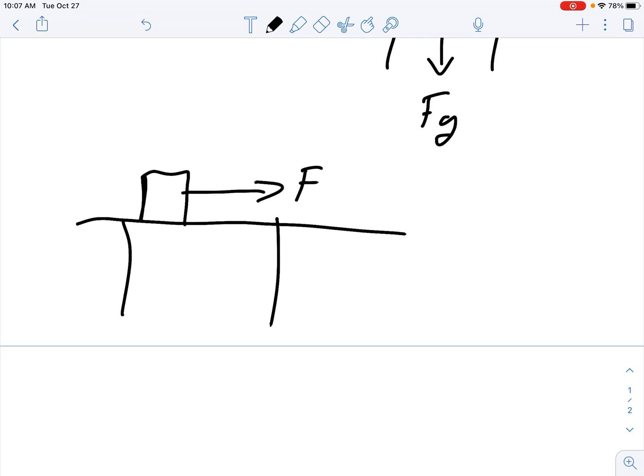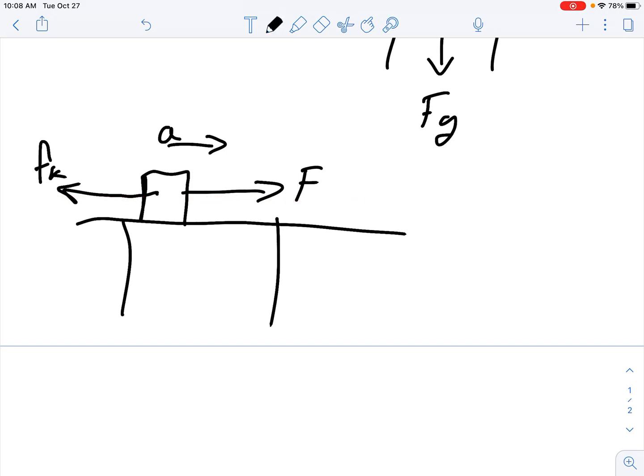There's going to be friction associated with that, in opposition to the motion. This thing is clearly moving to the right. That force is big enough to exceed friction, but friction is going to oppose it. Friction is always working against you. So if motion is to the right, friction is a force to the left.